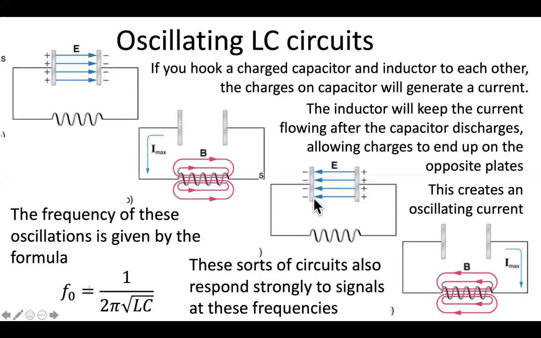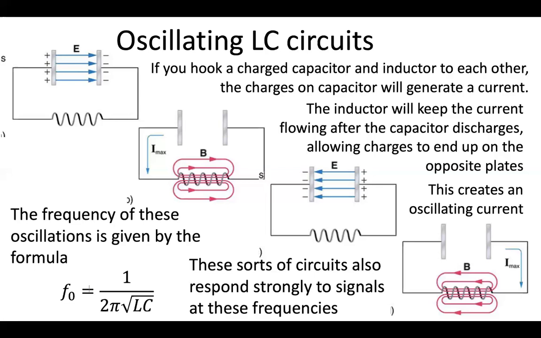Now, as the current stabilizes and goes back to zero, the inductor stops doing anything, but now the capacitor is back up and charged. And then those currents will start to flow back again, causing the inductor to activate. And so if you had no resistance in this wire, this would go on forever. The charges would just basically slosh back and forth between the two plates.